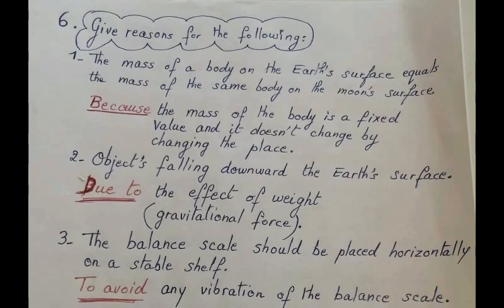Number 1. The mass of a body on the Earth's surface equals the mass of the same body on the Moon's surface.